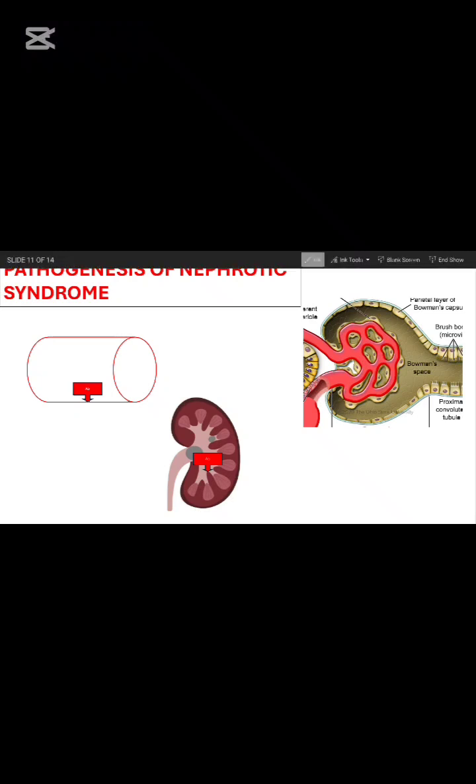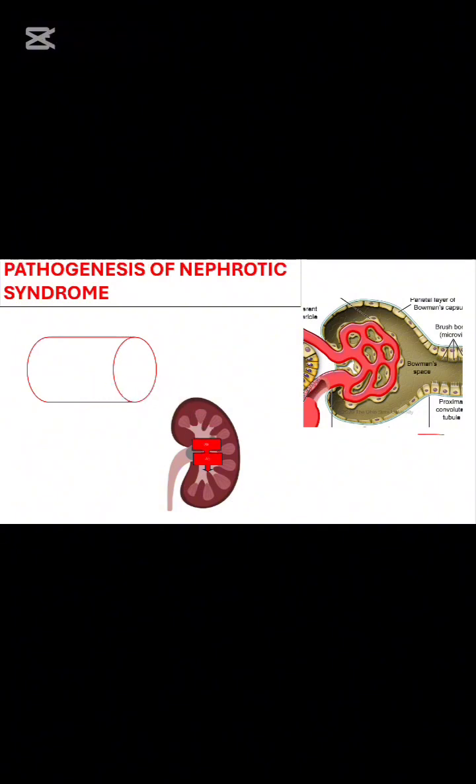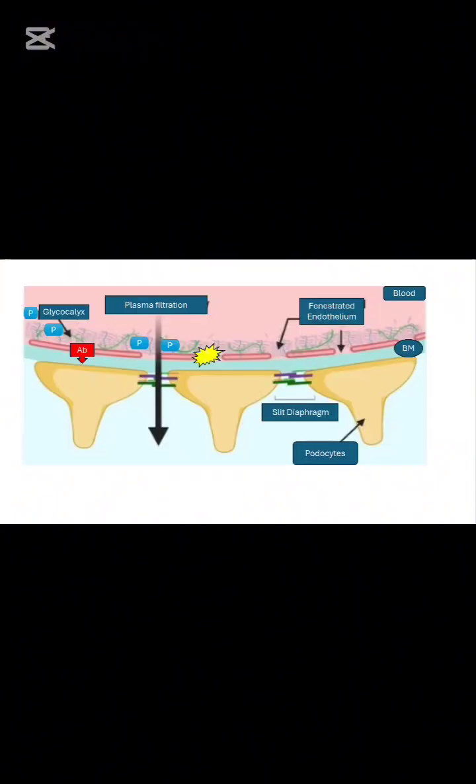From the blood the antibody enters into the kidney through the renal artery, then into the glomerular capillaries, and finally into the subepithelial layer. Now the antigen present in the subepithelial layer gets activated, and these both react to form an immune complex.